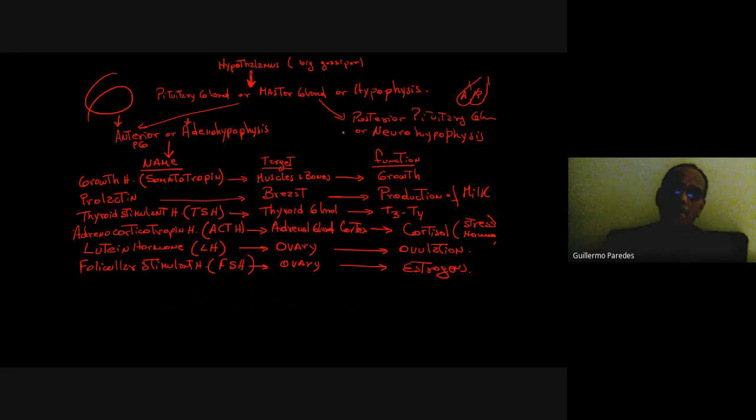We okay with that? Yes. Okay. So now, how many hormones are we going to have in the posterior pituitary gland? The posterior pituitary gland is going to have only 2 hormones. We are going to put the posterior pituitary gland below here. The first hormone is called the oxytocin.